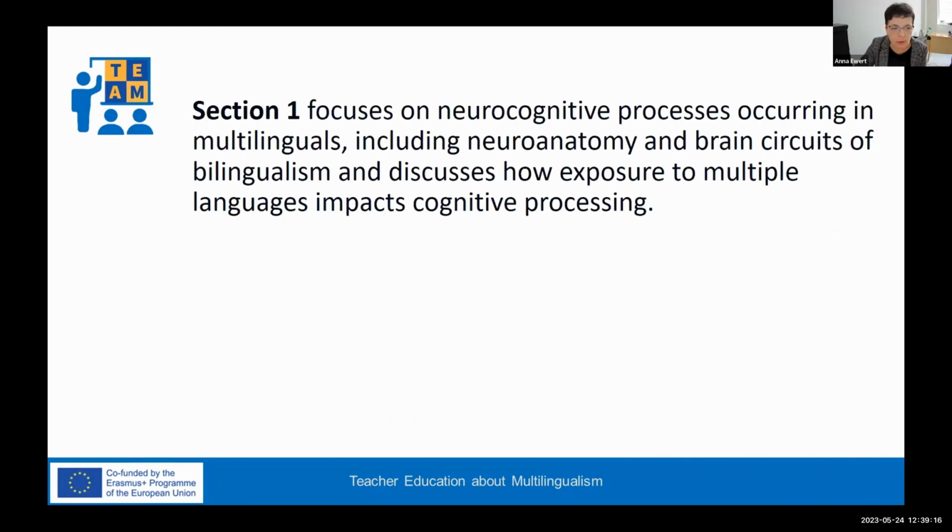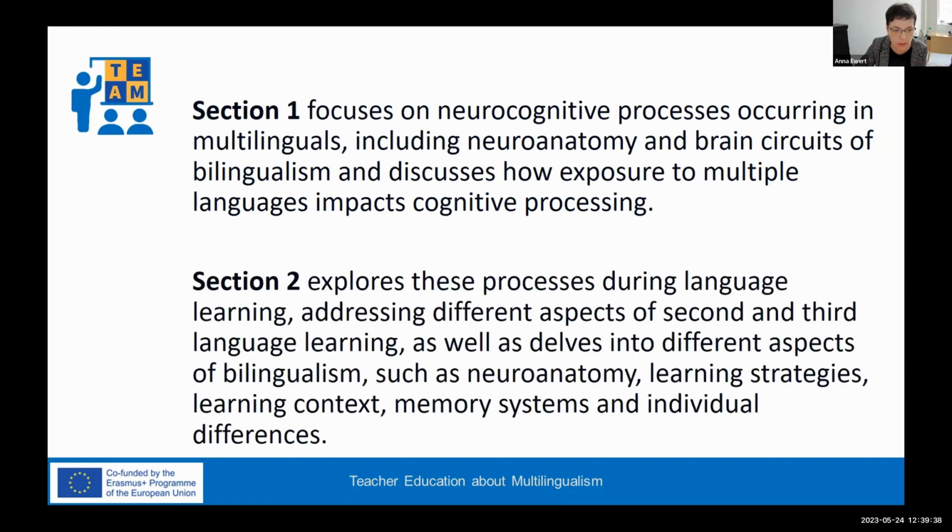Section 1 focuses on processes occurring in multilingualism, including neuroanatomy and brain circuits, and discusses how exposure to multiple languages impacts cognitive processing. So the focus is on processes here.